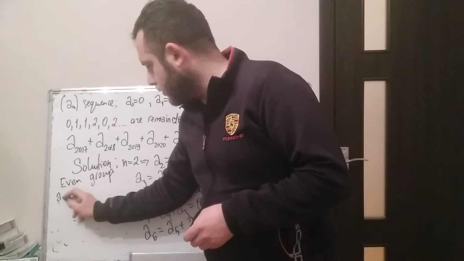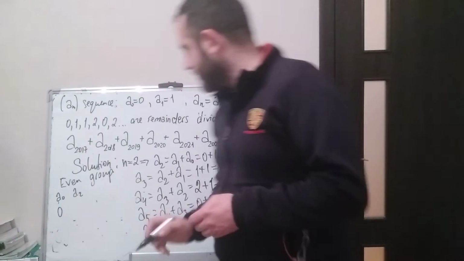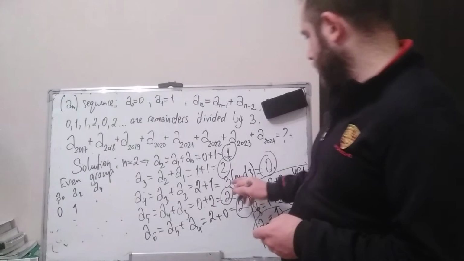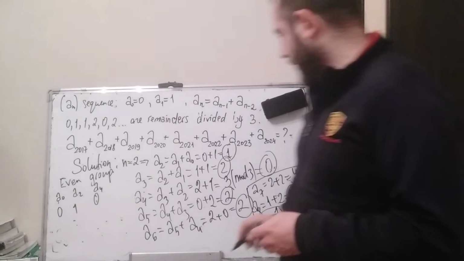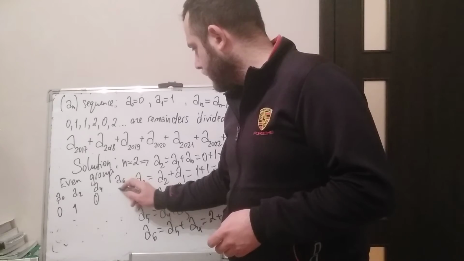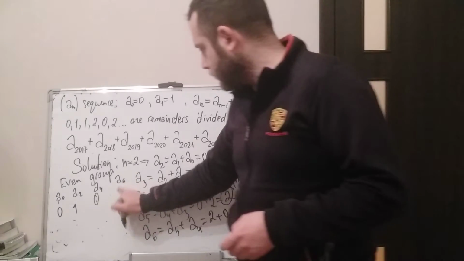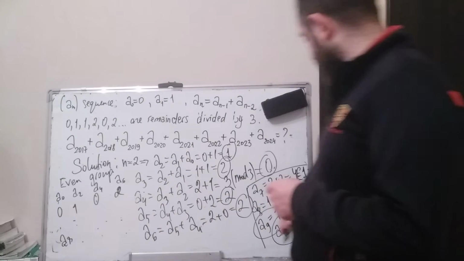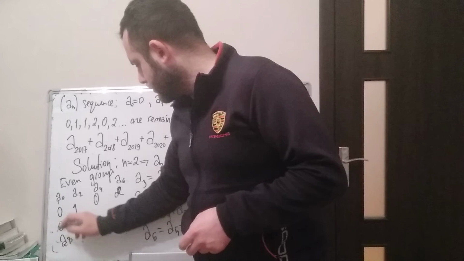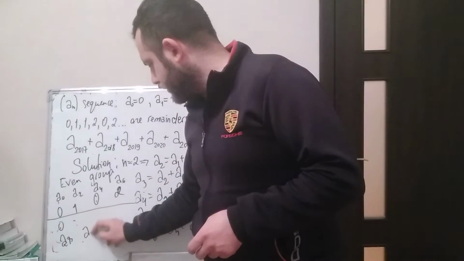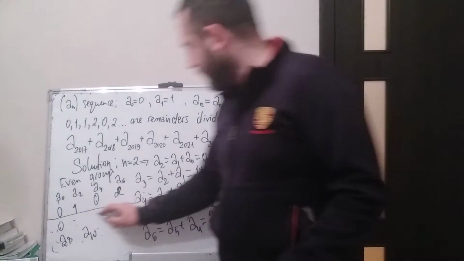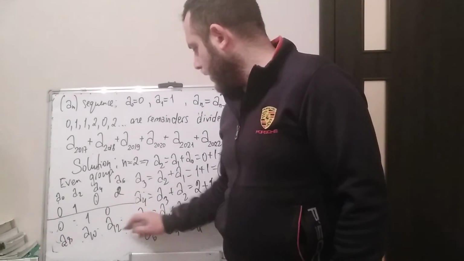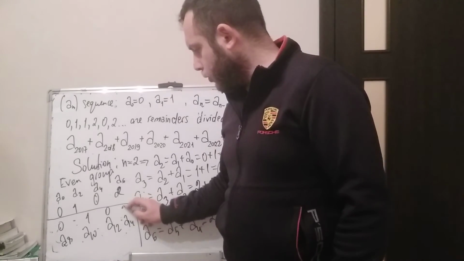A2 was 1, A4 was 0, A6 was 2, A8 is again 0, and A10 is 1. If you check, you will see that A12 is 0 and A14 is 2.